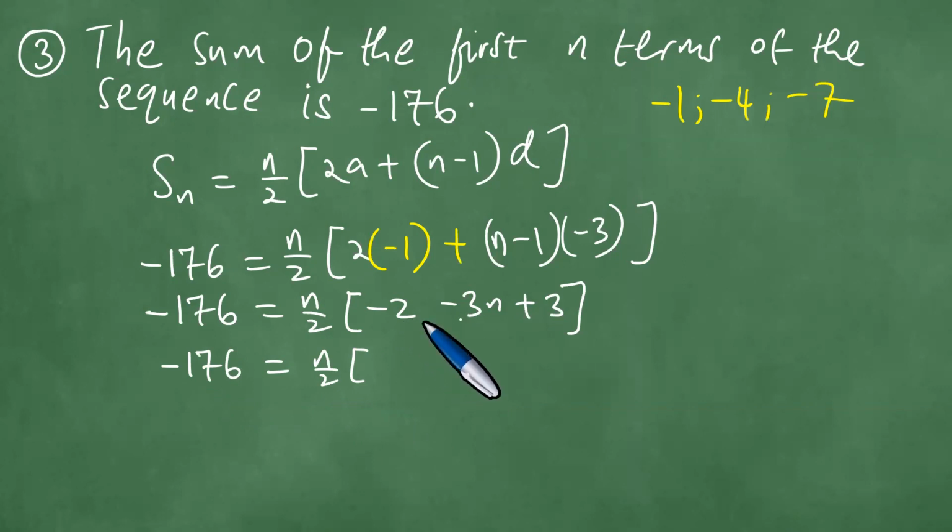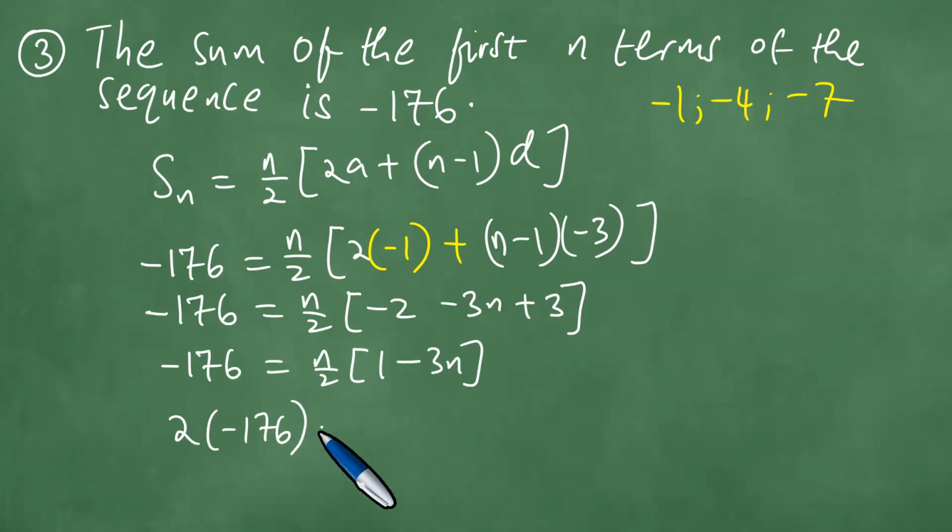We have -2 plus 3, which is 1, minus 3n. You can cross multiply this, getting 2 into -176 is equal to n into (1 - 3n).